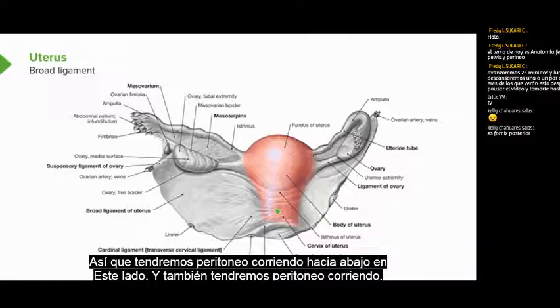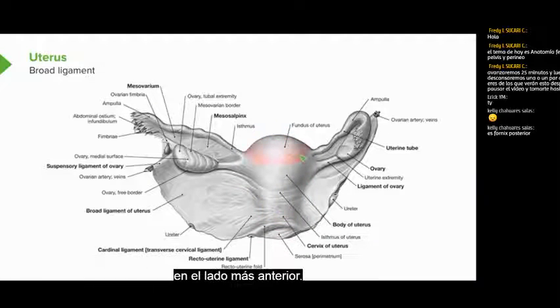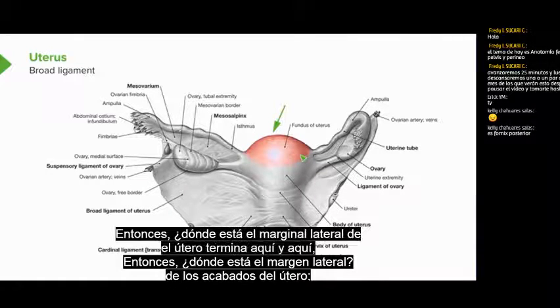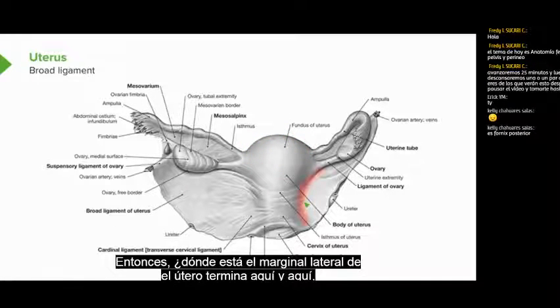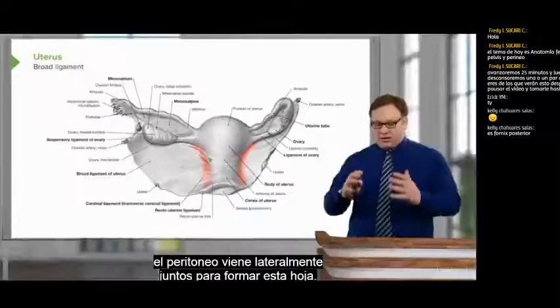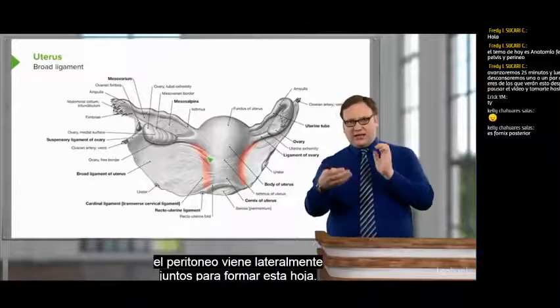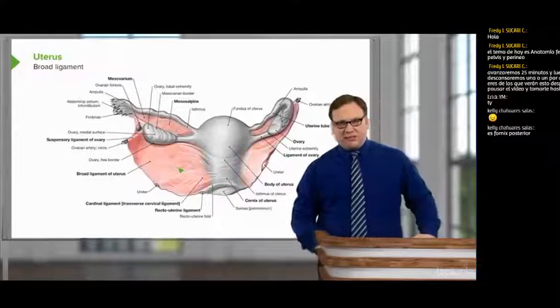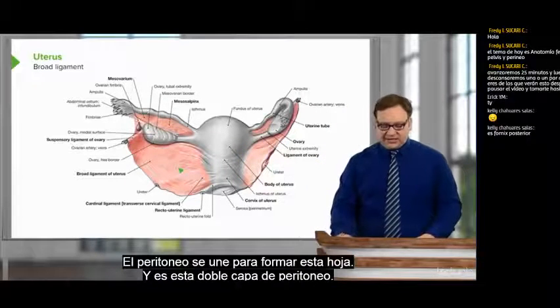So we'll have peritoneum running down on this side, and we'll also have peritoneum running down on the more anterior side. So where the lateral margin of the uterus finishes here and here, the peritoneum laterally comes together to form this sheet.